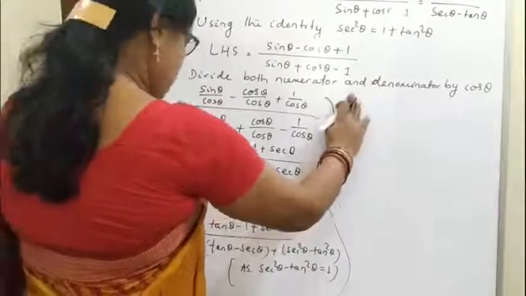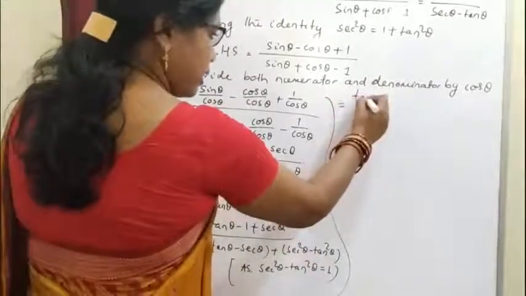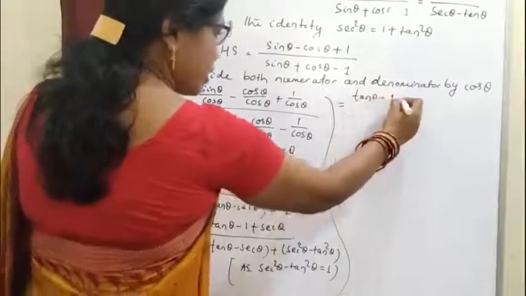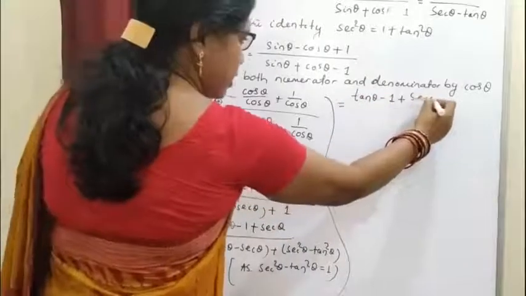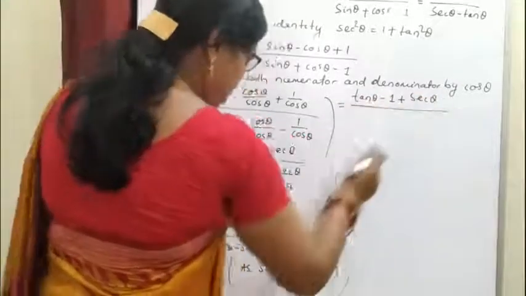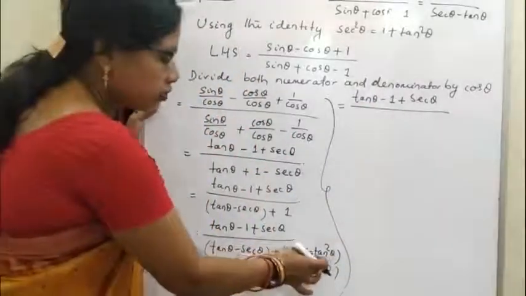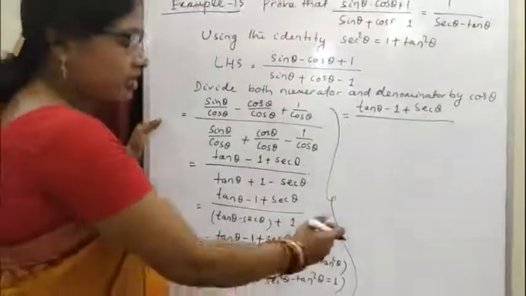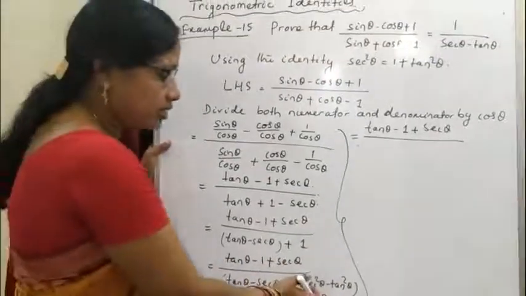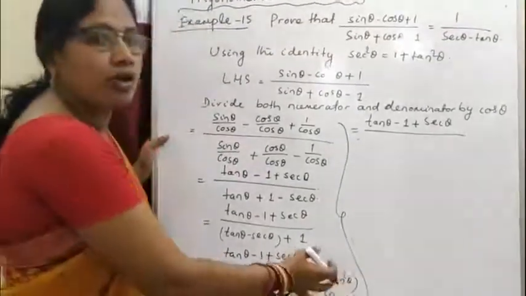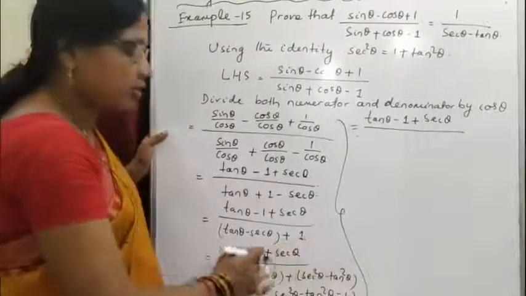So this is equal to (tan theta minus 1 plus sec theta) divided by, this is sec square theta minus tan square theta, a square minus b square. So this can be factorized as (sec theta plus tan theta) whole into (sec theta minus tan theta).